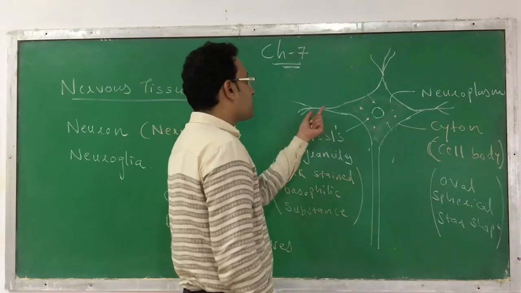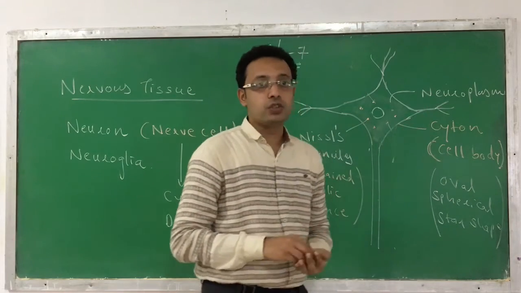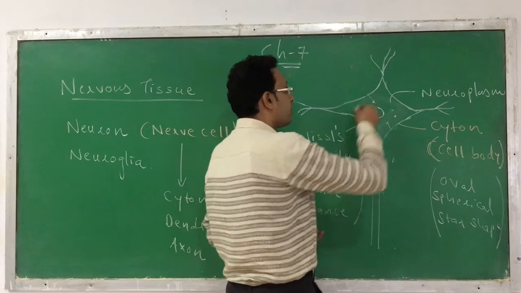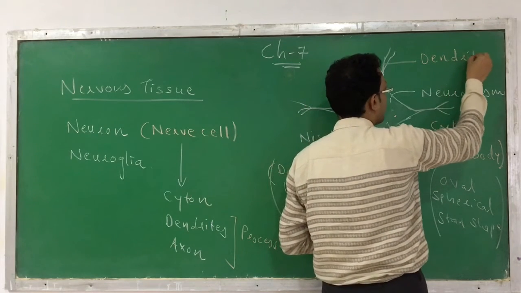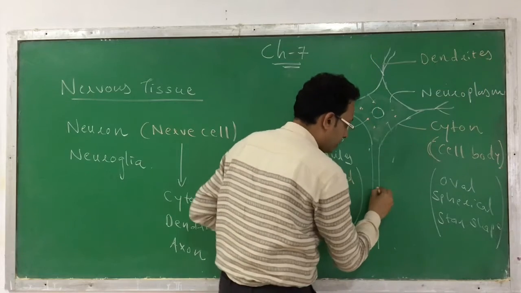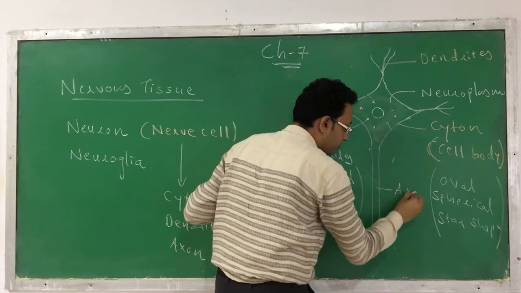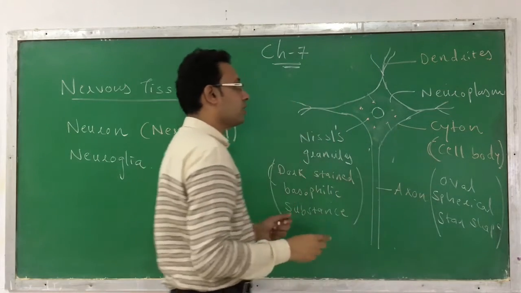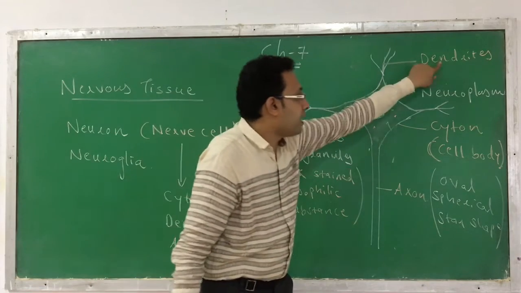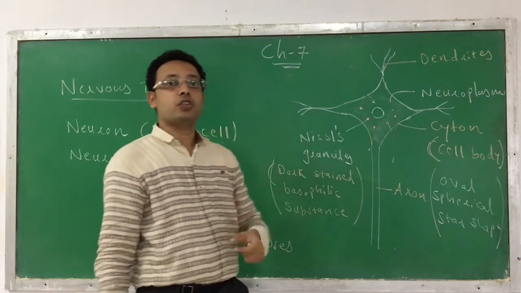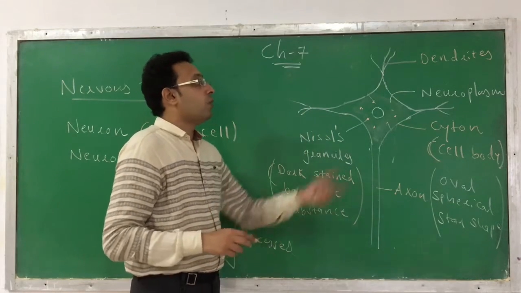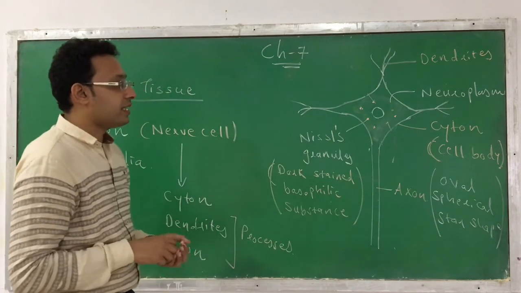So one kind of process from the cyton we are calling dendrites, and this one is called the axon, the other kind of process. So in short, the dendrites and the axons are the processes that arise from the cyton or the cell body.